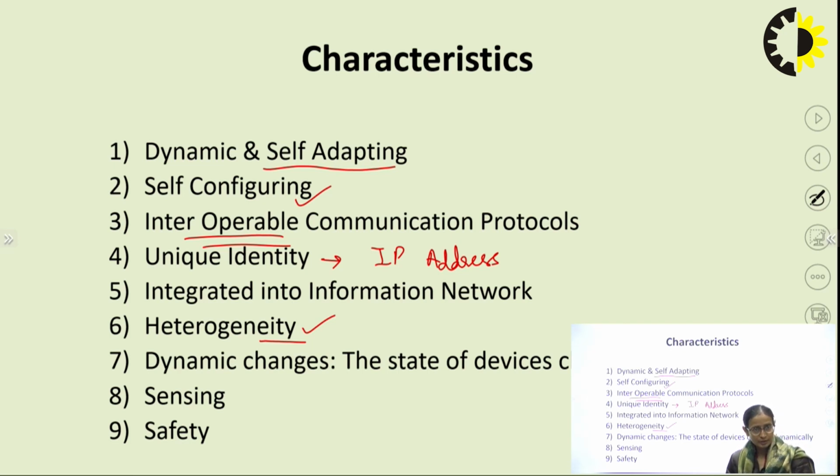Dynamic changes, that is, the state of the devices changes dynamically. What does the term state mean? State means, for example, we have a sensor which is detecting the intensity of the light. As soon as you switch on the light, or if that sensor has been deployed in the outer environment, then according to the intensity of the sun, it is operating.